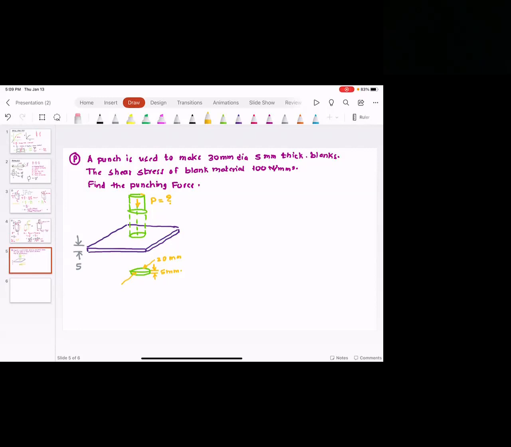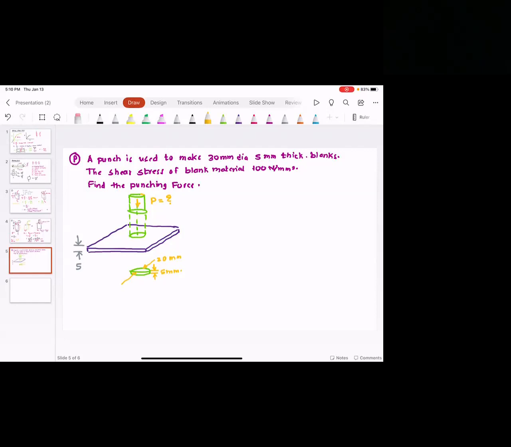Think about it like you are creating a hole in the paper using the punch. You have a sheet metal, you have a circular punch that is going down, and you apply the force, and because of that forcing, there is a deformation, and we get this small circular blank.